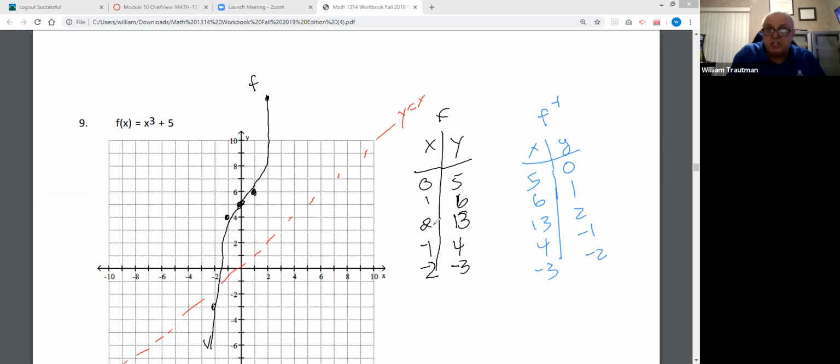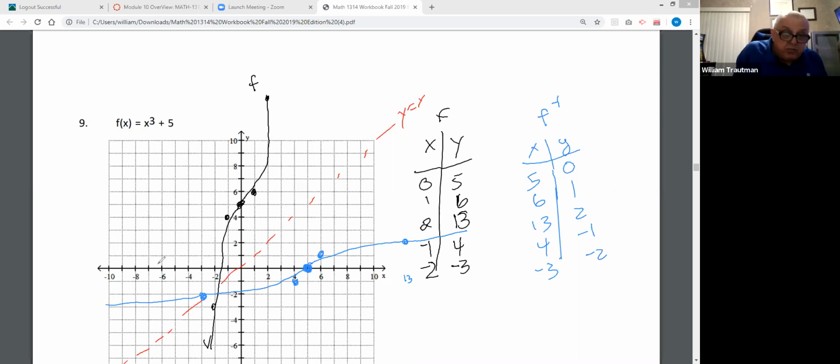So let me graph these. 5, 0, 6, 1. 13, 2 would be about right here. 4, -1, and -3, -2 would be right here. So this is what the graph would look like.